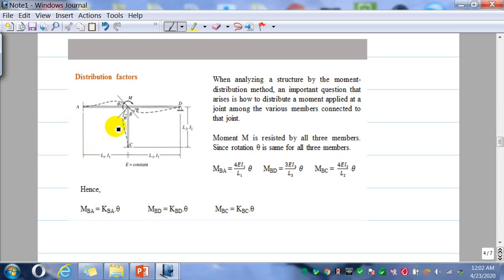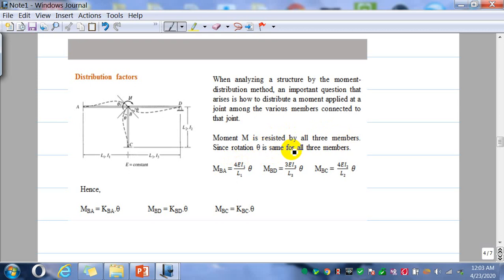If this point is rotating by an angle theta, then there is a moment that rotates it by theta, and for that there is a resistance as well. So the moment is balanced by a resistance. That resistance is not necessarily equal for all three members. It may or may not be equal, but we are going to see how to decide how much moment is applied by each member to prevent this rotation. So the moment M is resisted by all three members.